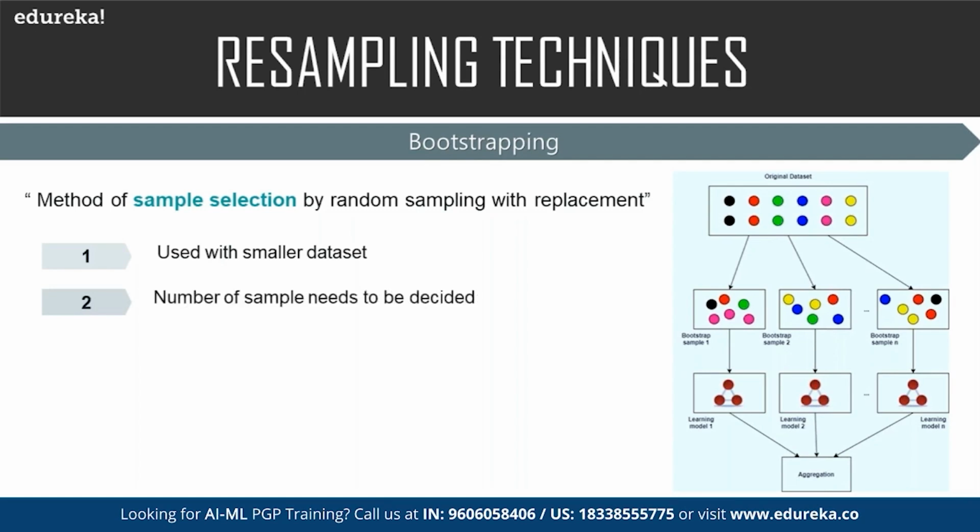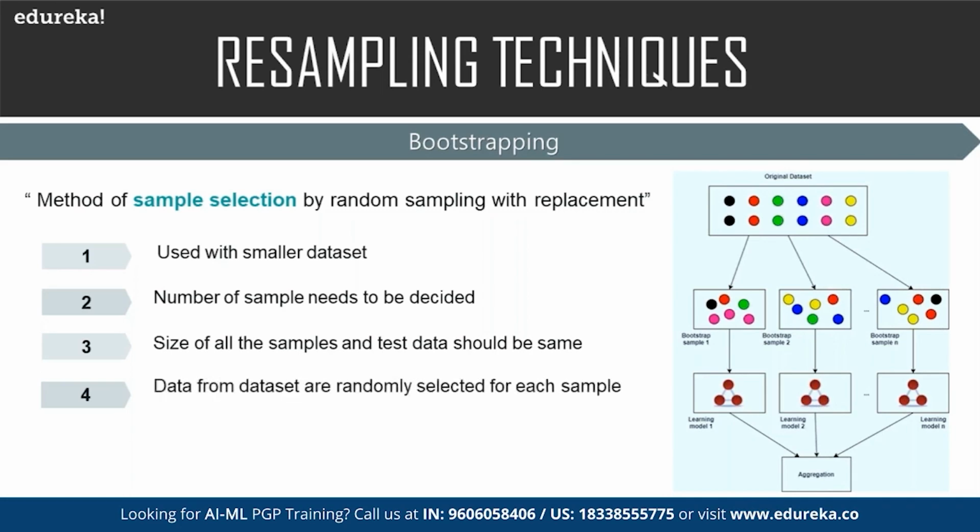We usually use this method when we have smaller data sets. The number of samples needed can also be decided with its help. The size of all samples and the test data should be the same when we opt for the bootstrapping technique.